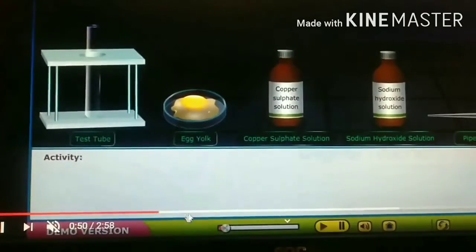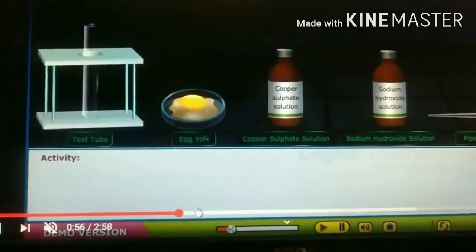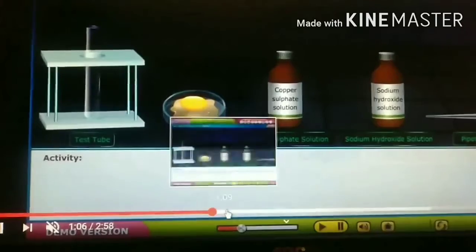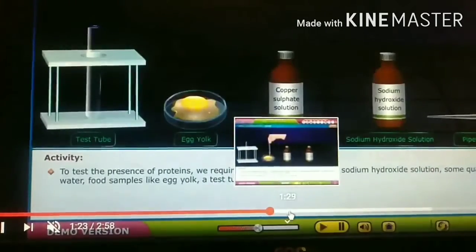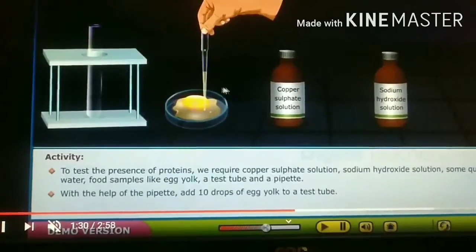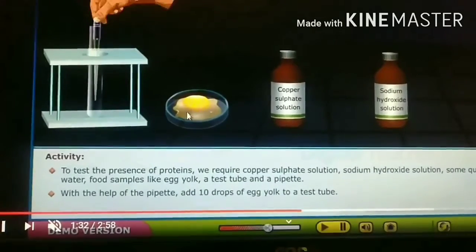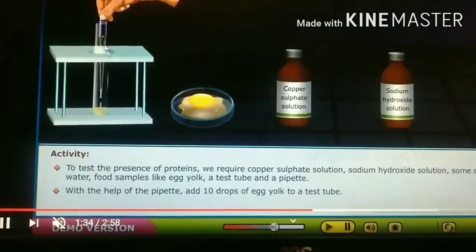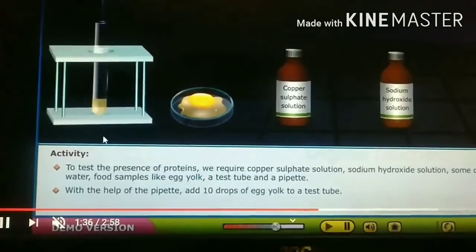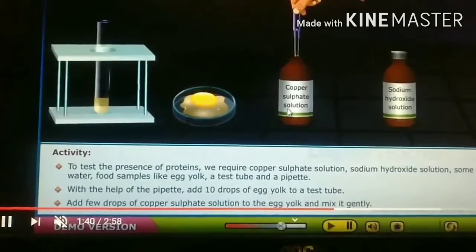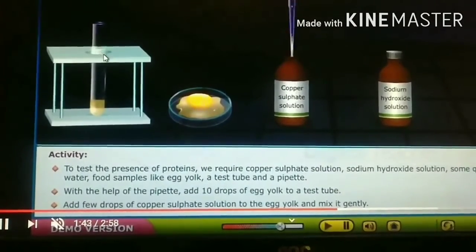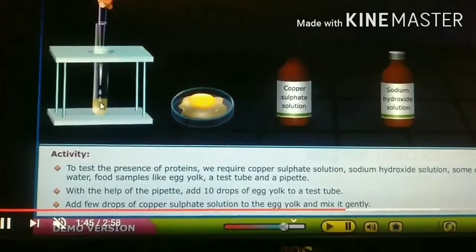So we have to take a dropper and put 2-3 drops of egg yolk in the test tube, and then add copper sulfate solution to the egg yolk.